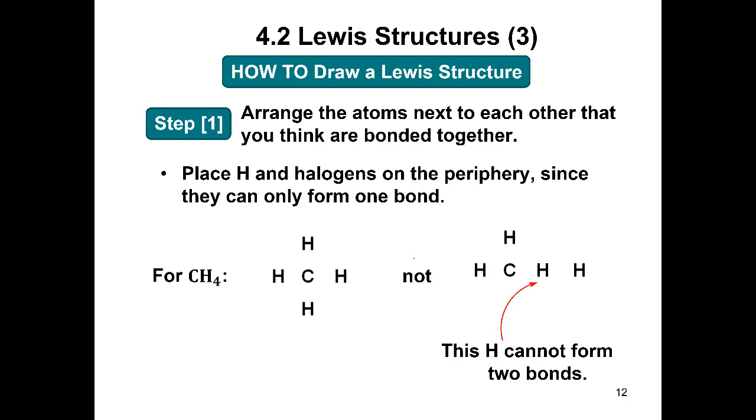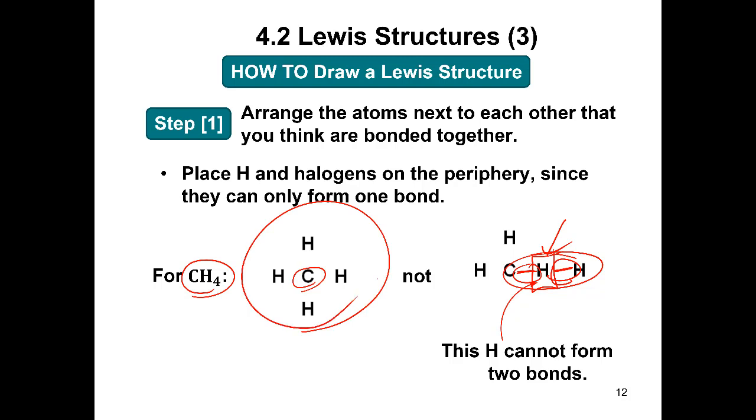So if we're looking at CH4 as an example, carbon is going to be the center, because hydrogen can't be the center because it can only have 2 electrons, so it couldn't connect to more than one thing. So it couldn't do this, because then that would be counting 4 electrons for this particular hydrogen. So that can't work. So we would draw it like this.